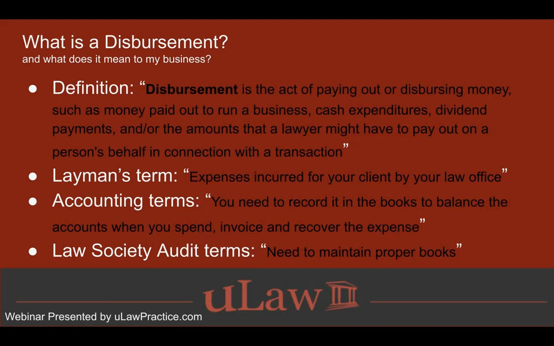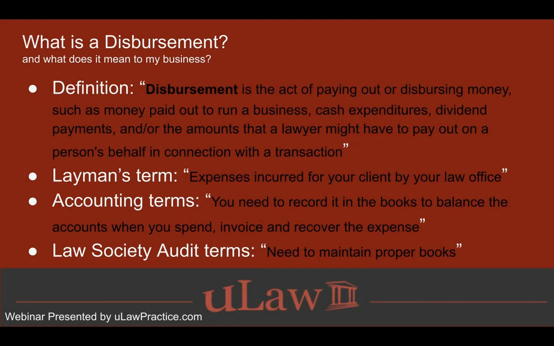And the proper explanation or definition goes: disbursement is the act of paying out or disbursing money, whether it is from the trust account or from the general account or business credit card or personal account, which is the owner's pocket.